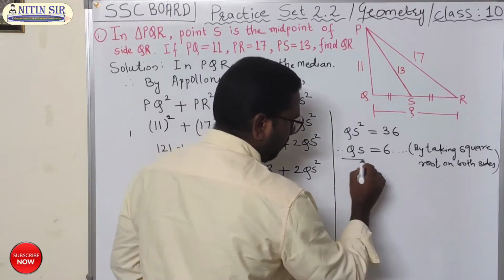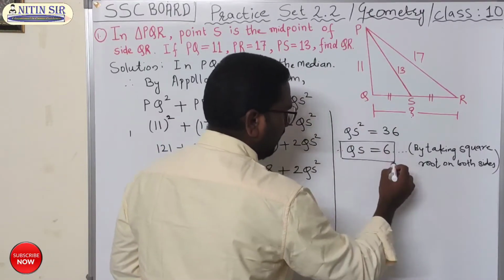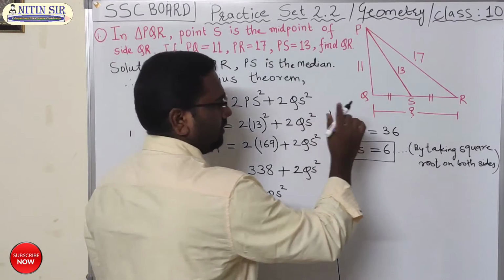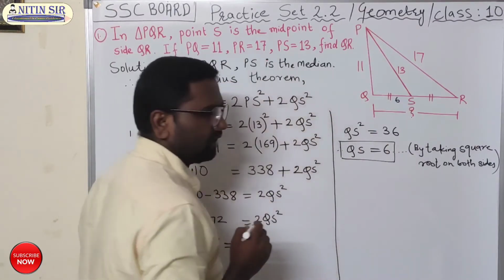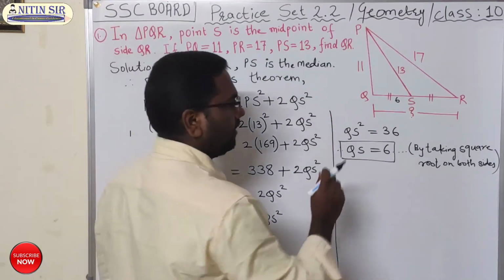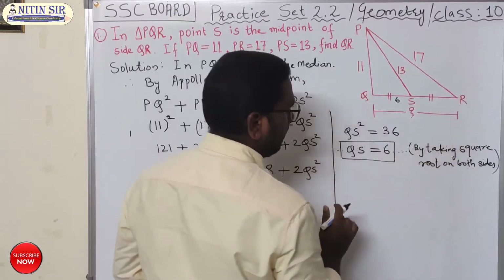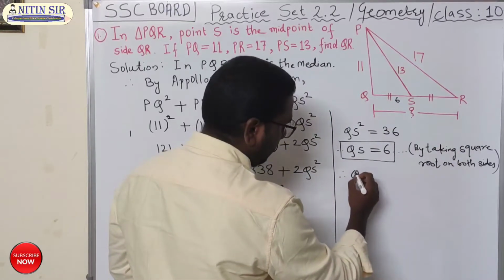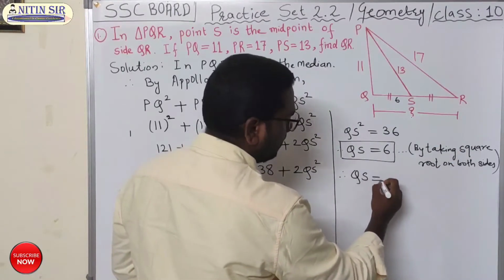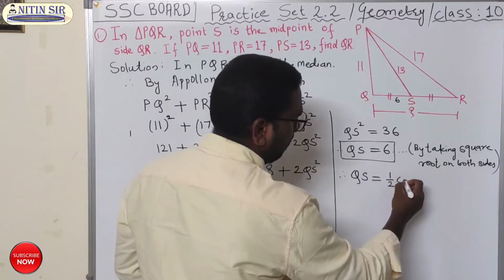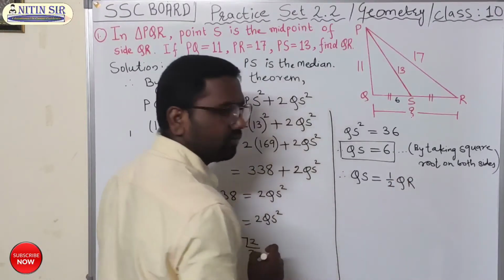So we have got the value of QS is 6. Here QS is 6. But what we have to do? We have to find the value of QR. So therefore we can say QS is equal to half of QR, right?